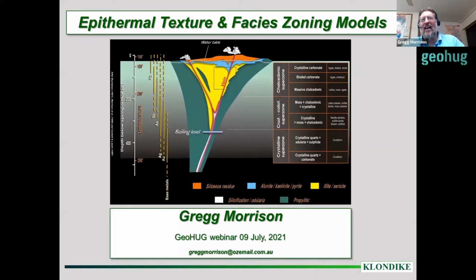What we did was add a textural model to that, and over the years I've found that it works extremely well for navigating around low sulfidation epithermal systems, particularly those where boiling seems to be the main cause for mineralisation.